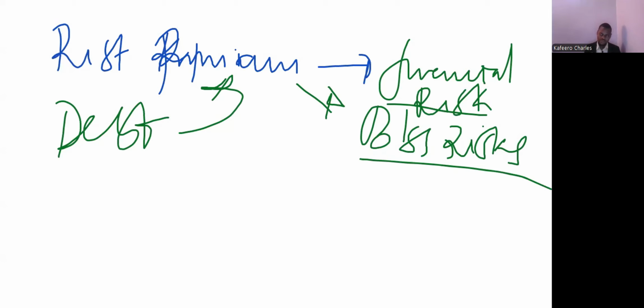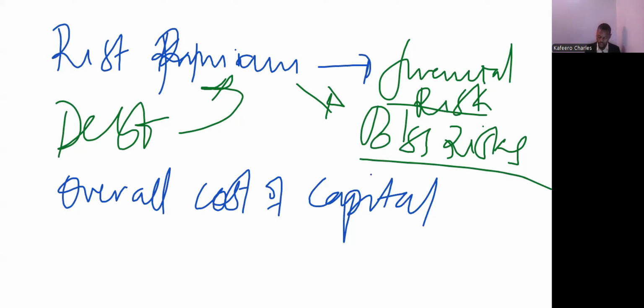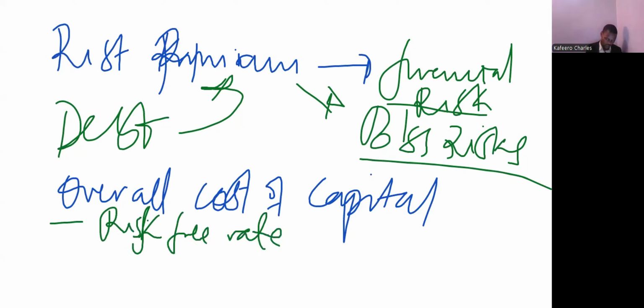Therefore, that makes the overall cost of capital of the business to actually have two elements. So that makes the overall cost a combination of both the risk-free rate and what we call the risk premium.